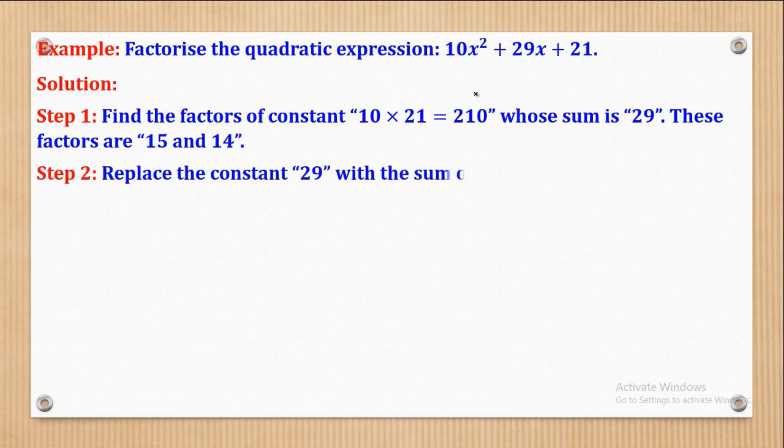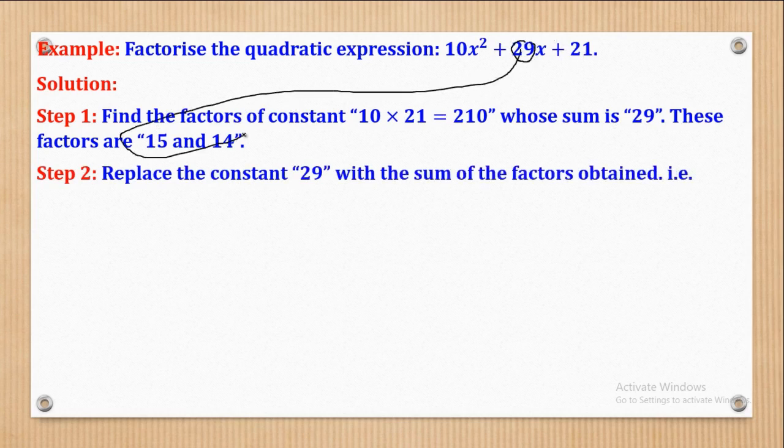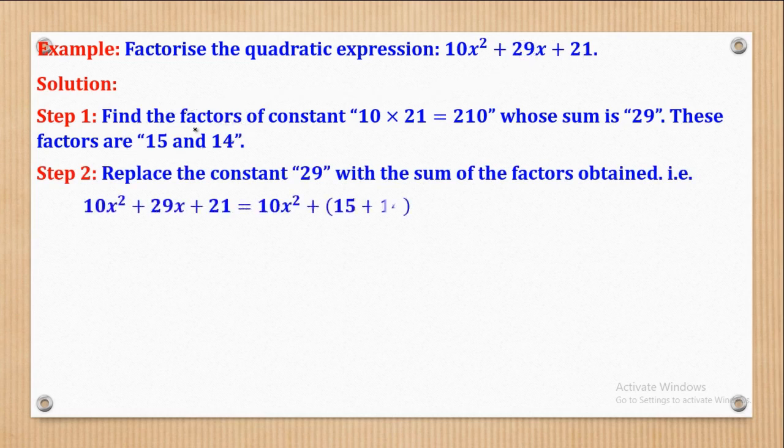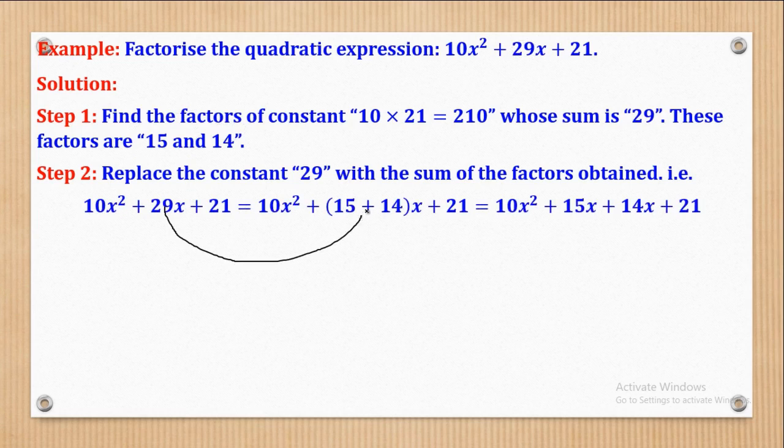The next step is to replace this 29 with the sum of these 2 factors. Therefore, where there was 29, we shall put 15 plus 14, and when you open the bracket, we come up with 15x plus 14x.